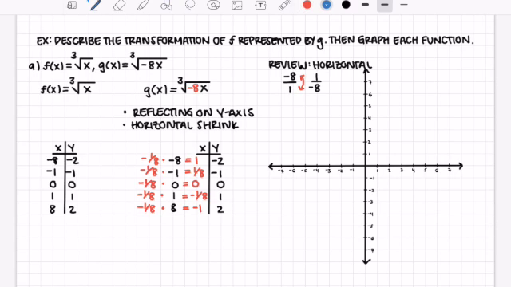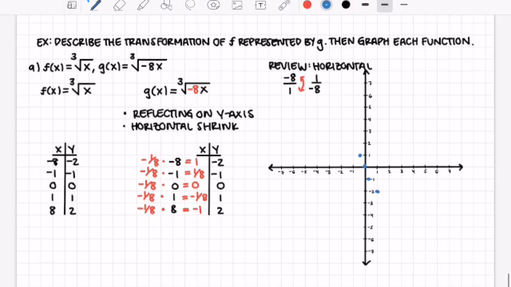So when I get my graph, I get 1 going all the way down to -2. Then 1/8 going all the way down to -1. 0 going to 0. -1/8 going all the way up to 1.